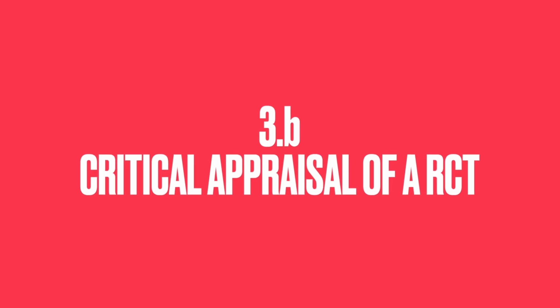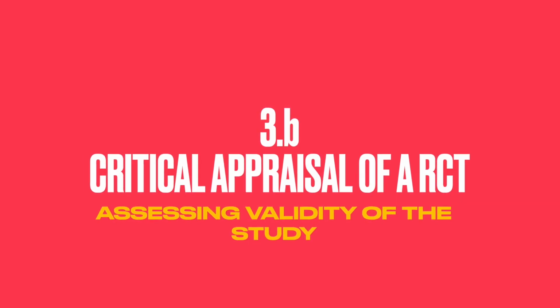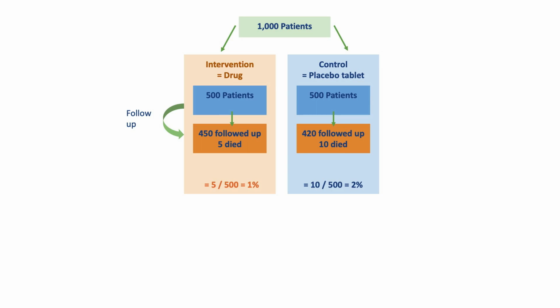The second part of critical appraisal looks at validity. Is the study biased? I'm looking at the methods. Was this a well-conducted study that I can believe? In this fictional randomized trial, we might look at the following. Firstly, we could look at table 1 in the results, and that looks at the baseline characteristics in the intervention and the control group.